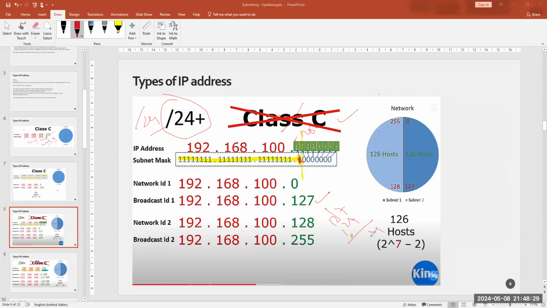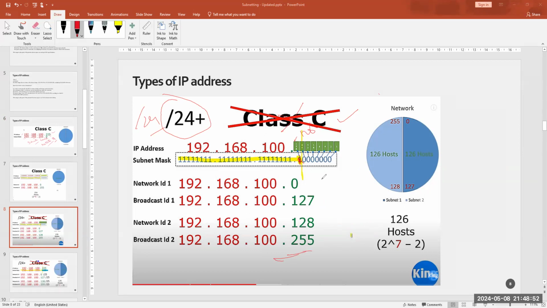But I can also use 254, because there is no IP address beyond 254, 255. I can use 254 or I can use 255 as the host address, up to me. Clear?